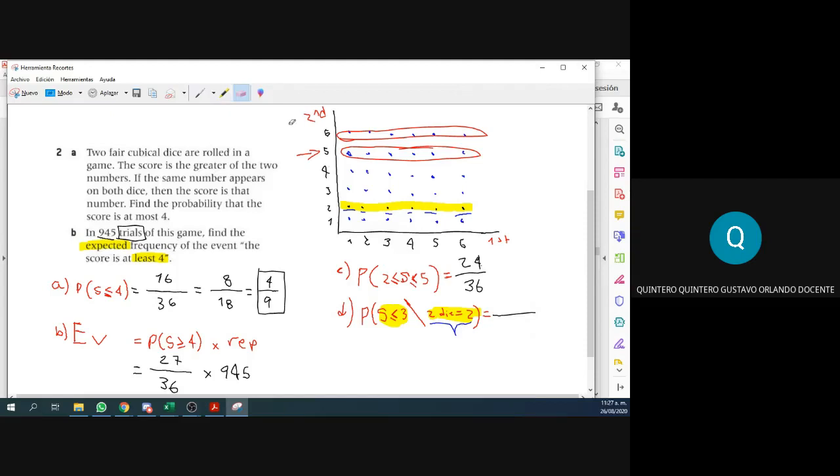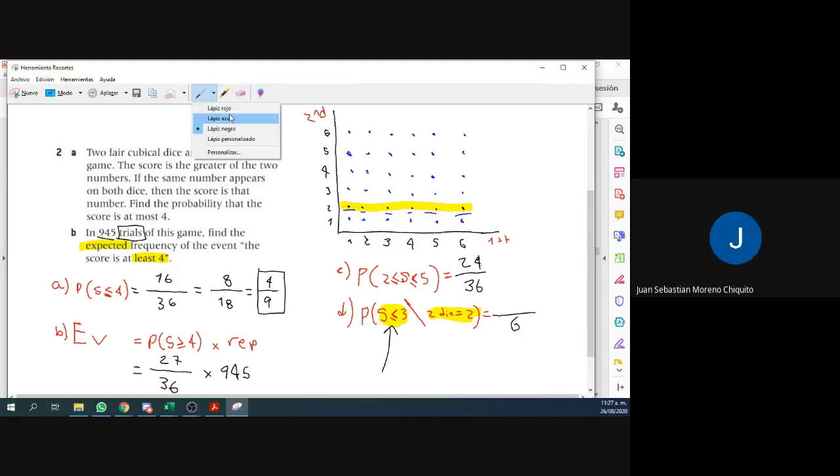So these ones are not a good condition. That is the idea behind conditional probability. So our total here changes, and it is now 1, 2, 3, 4, 5, 6. Now, how many of those 6 are successful? How many of those 6 make it so that the score is less or equal than 3? 3. Así, 3.